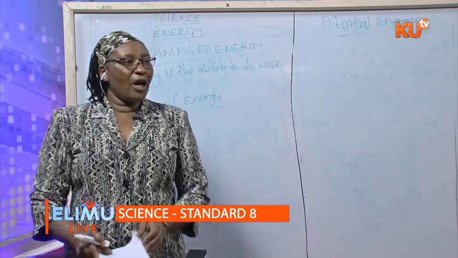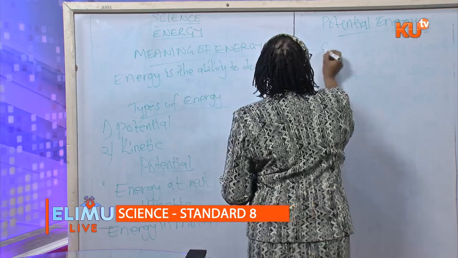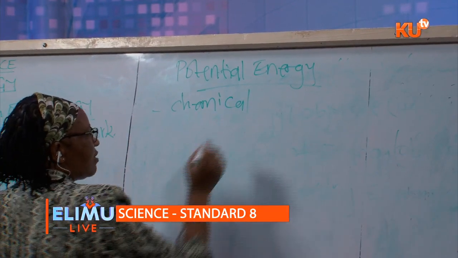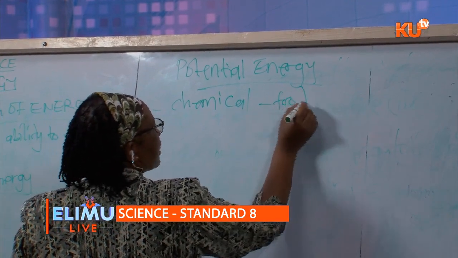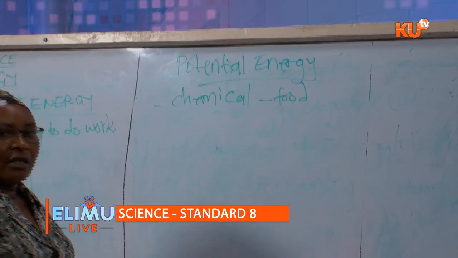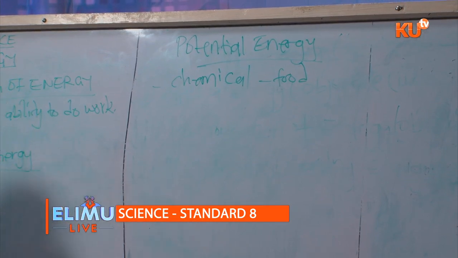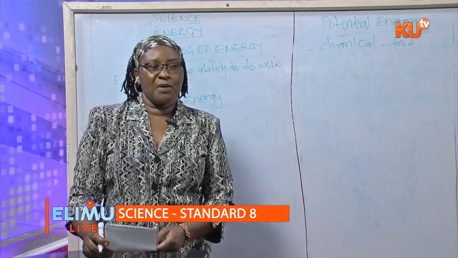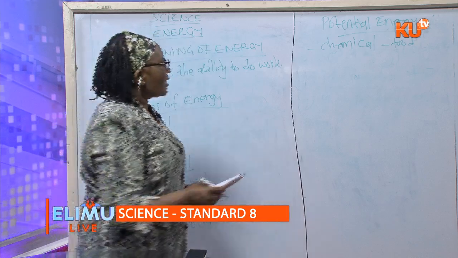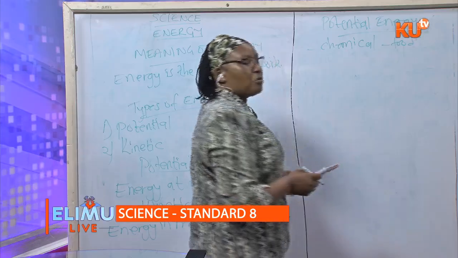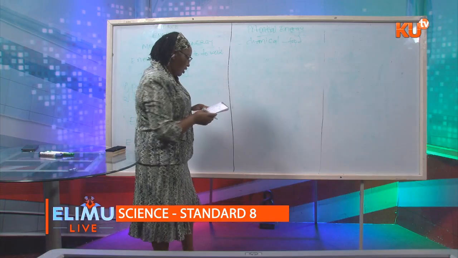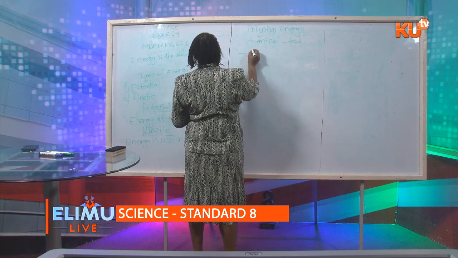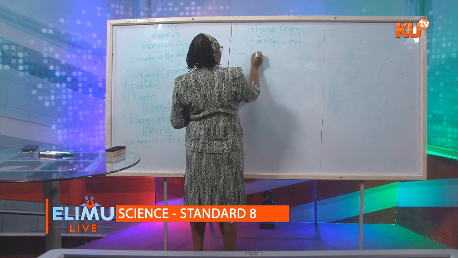Now, this chemical energy, in humans, is got from the food that we eat. In vehicles, it is got from the fuels. When we are producing heat, maybe for cooking, we get this energy from the firewood, from the charcoal. So we also have chemical energy in firewood.